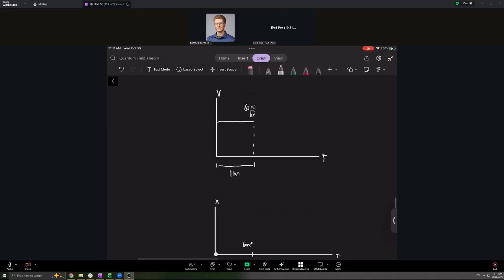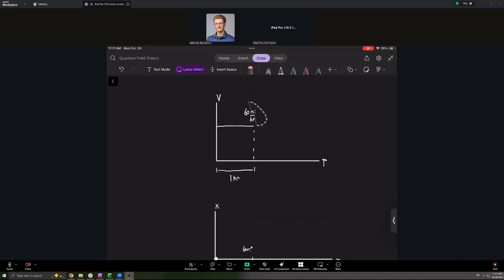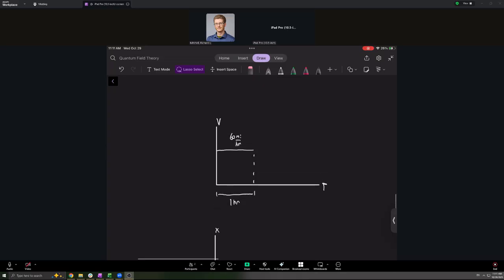Okay. Well, let's add a little bit more to this example. Let's say, for instance, I tell you in the second hour, the car went 120 miles per hour for 1 hour. So now I'm going to ask two questions. The first question is, in the second hour of travel, how far did the car travel?